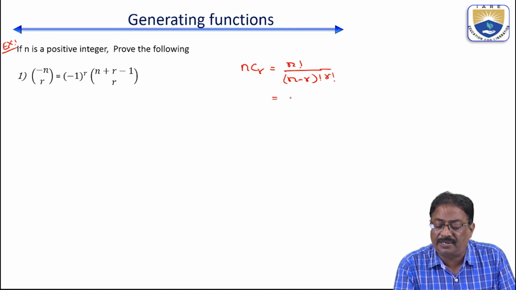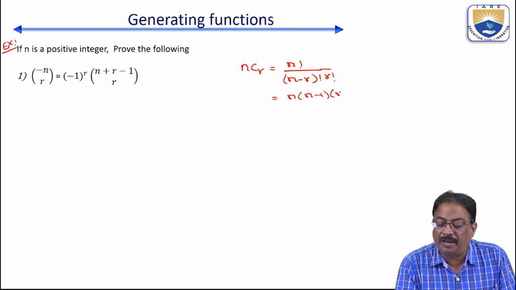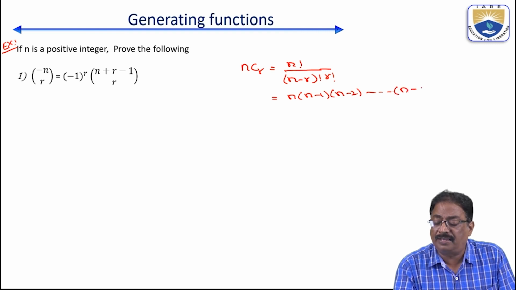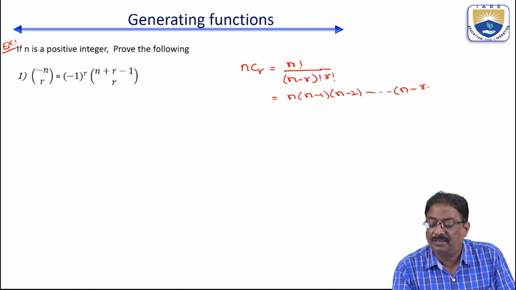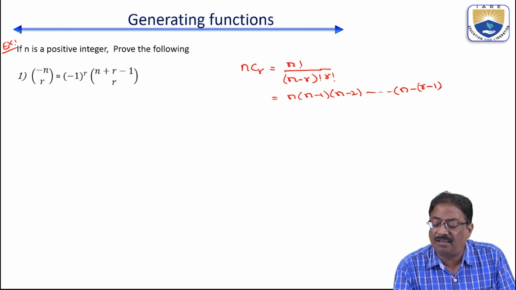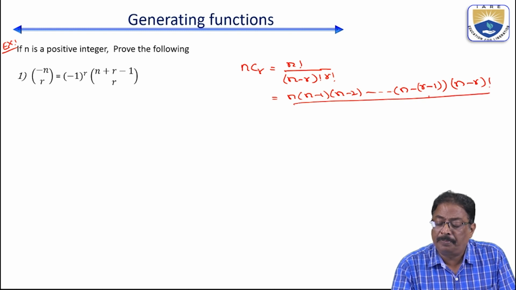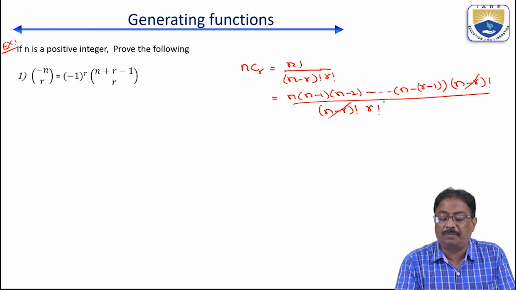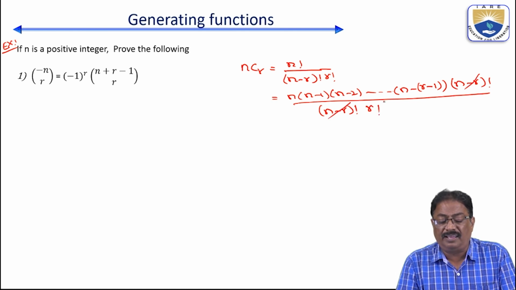This I am going to write as n into (n minus 1), (n minus 2) and so on, up to (n minus r plus 1), then next is (n minus r) factorial by (n minus r) factorial into r factorial. So these two get cancelled. Finally, I am going to get this.